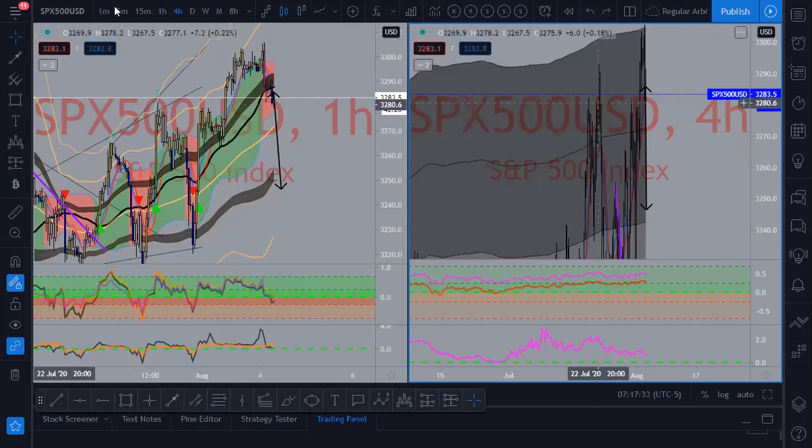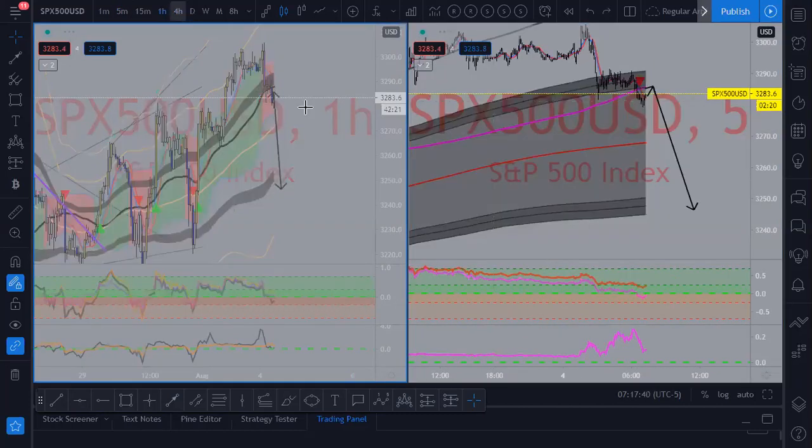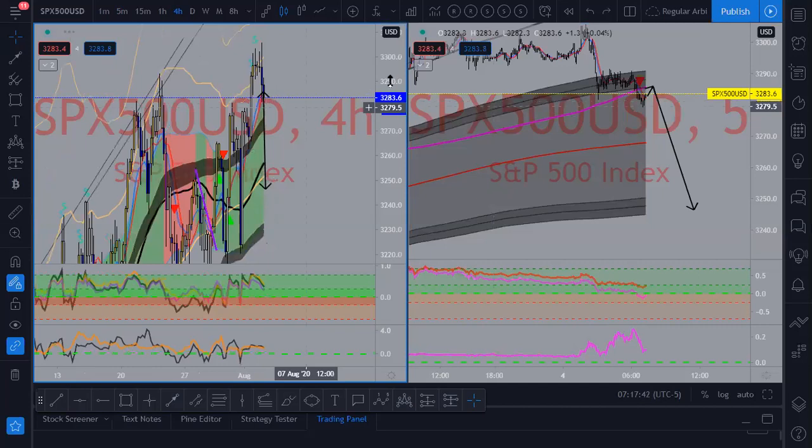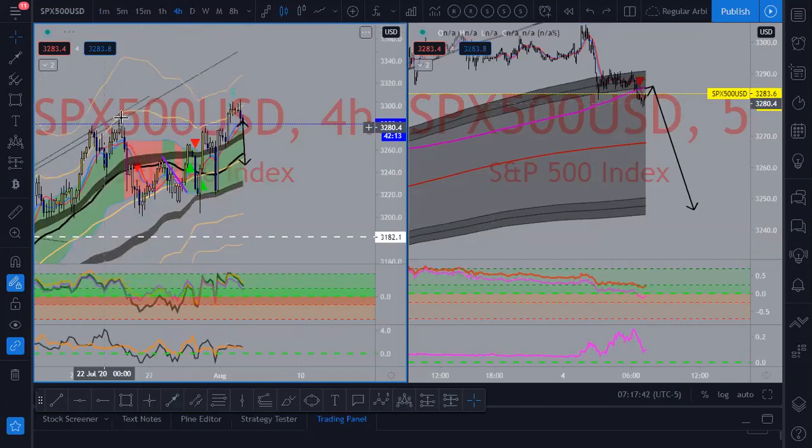Never mind, I'll just use the 5 minute. On the 4 hour, if you can see over here, price has been up here. It rejected. It's actually right at where this rejection was, right here.